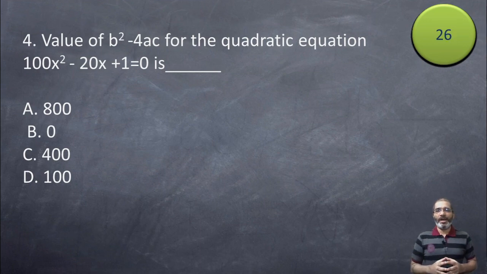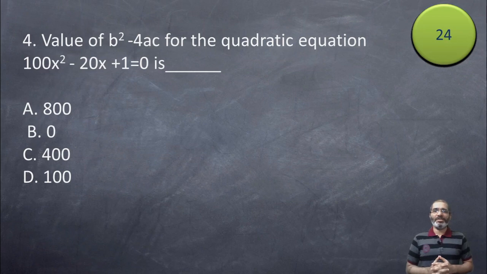To find the value of b square minus 4ac. Five seconds.